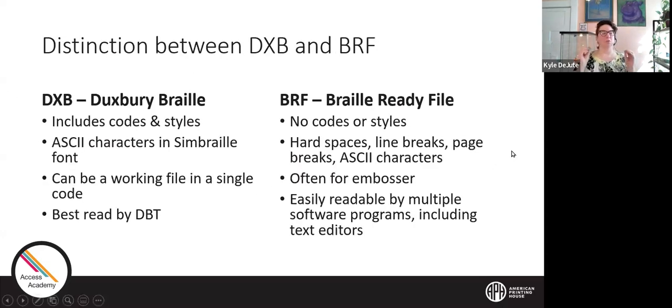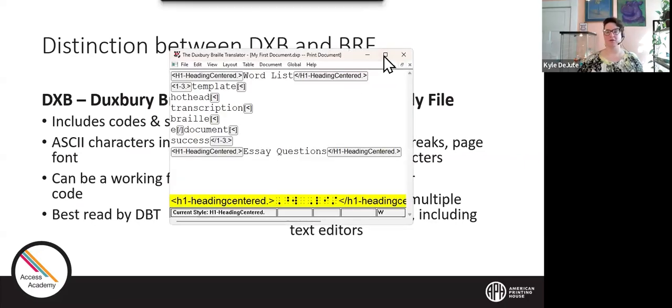So when we're considering which file type to open, remember when we opened our working Duxbury print file for my first document, we made a conscious choice to open the DXP and not the BRF. Or if there were a DXB, we didn't open that either. I want to refresh our memories about something while we're here.